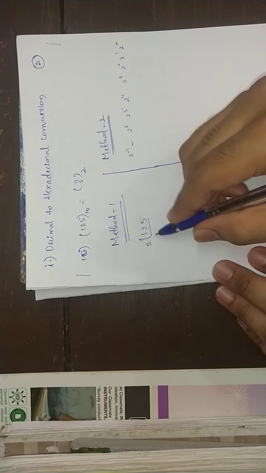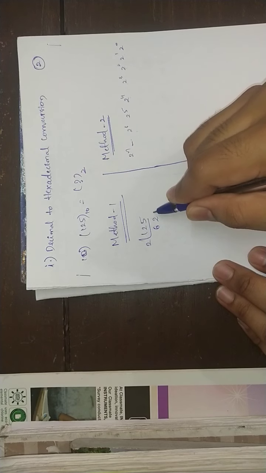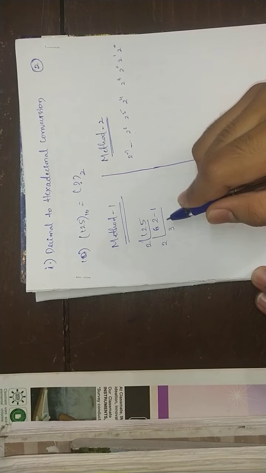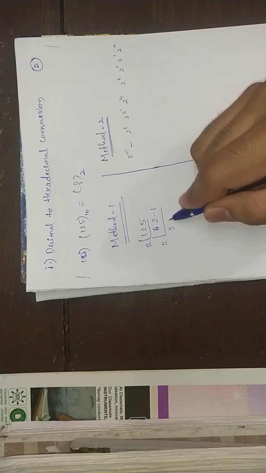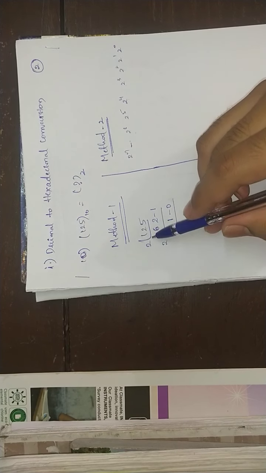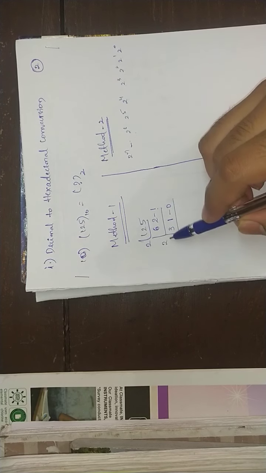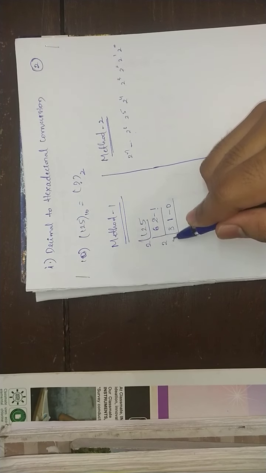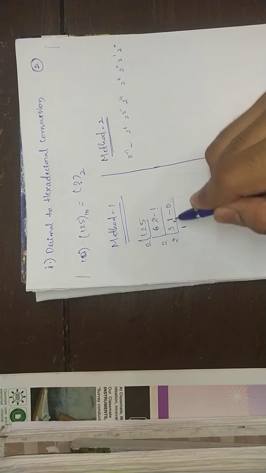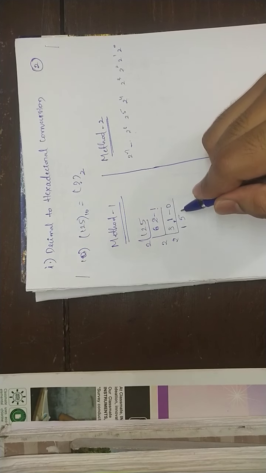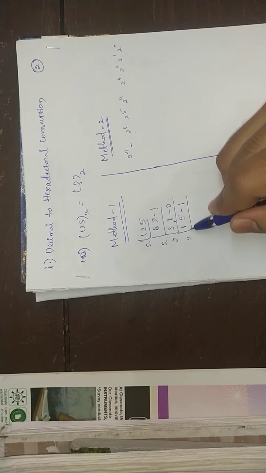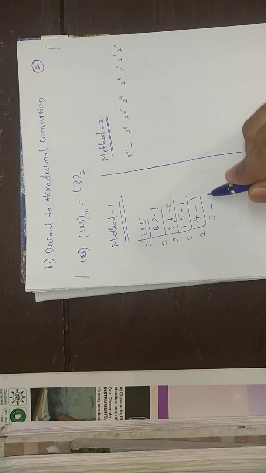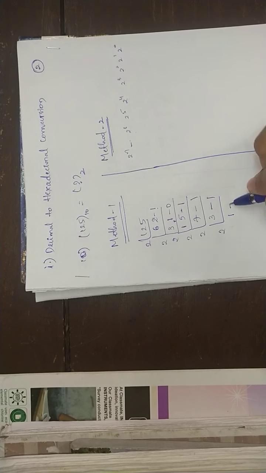Now you can see it here: 2 6s are 12, 2 2s are 4, base 1. 2 3s are 6, 2 1s are 2, 0. 2 1s are 2, and 1 is left here. 2 5s are 10, 1 is left. 2 7s are 14, 1 is left. 2 3s are 6, 1 is left. 2 1s are 2, 1 is left.